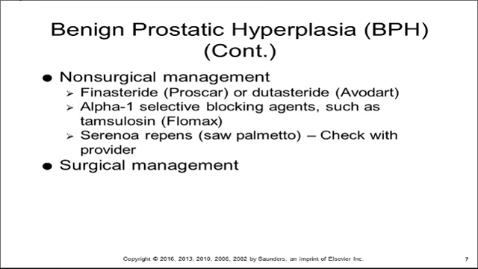Your DHT levels decrease, and it results in that enlarged prostate reducing. There's also Serenoa repens, which is saw palmetto. This is not FDA approved, so you won't hopefully see a lot of patients on that for BPH. And then there is also surgical management, which we will talk about shortly.